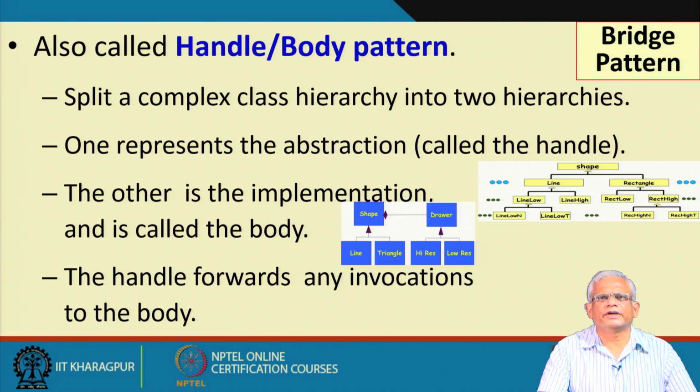It is a very useful pattern. If you use this pattern, the design can be simplified, easier to write code, easier to maintain, and so on. The abstraction hierarchy here is called the handle, and the implementation hierarchy is called the body of the pattern.